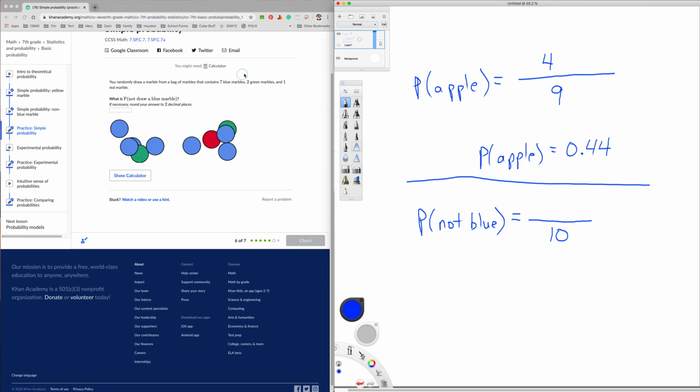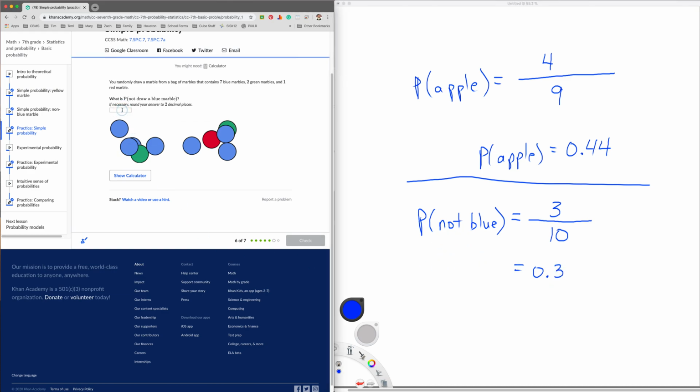Well, the ones that are not blue are the green and the red ones. So there's 1, 2 green, 1 red. That's 3 total that are not blue. So 3 out of the 10. And 3/10 is 0.3. So my probability is 0.3.